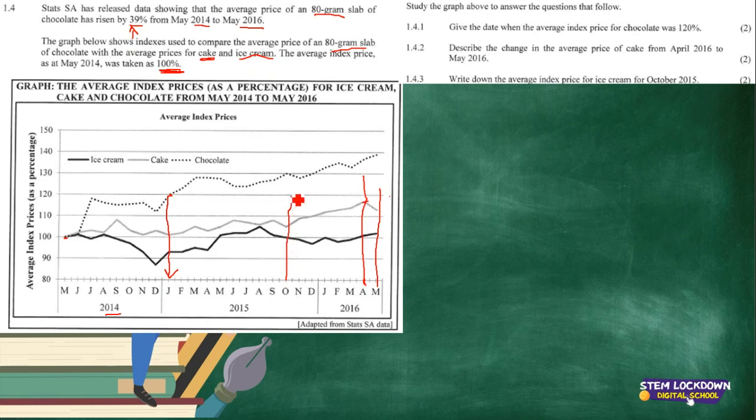We're looking at ice cream, as the question said. So ice cream is this one. For the percentage you need to go across. There it is. So for October, the index percentage was 100%. So that is all.